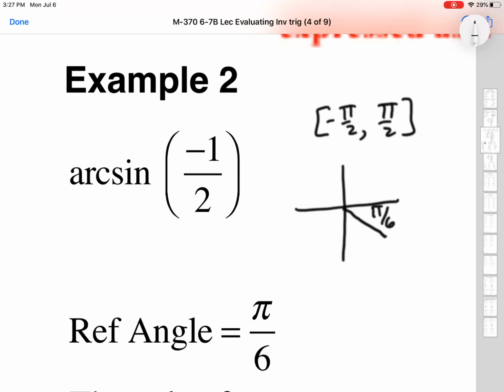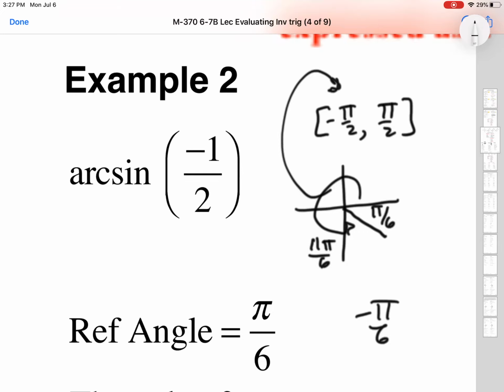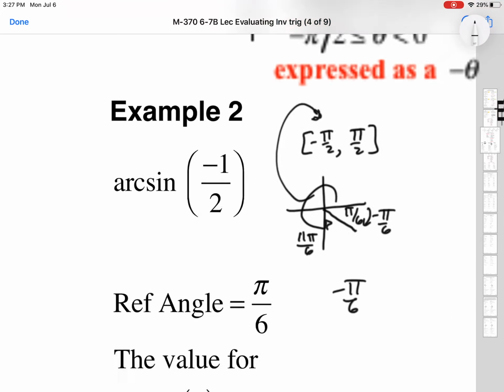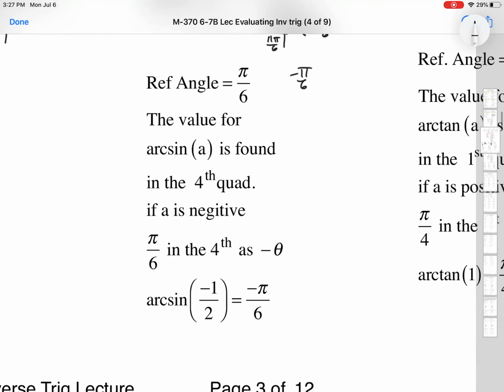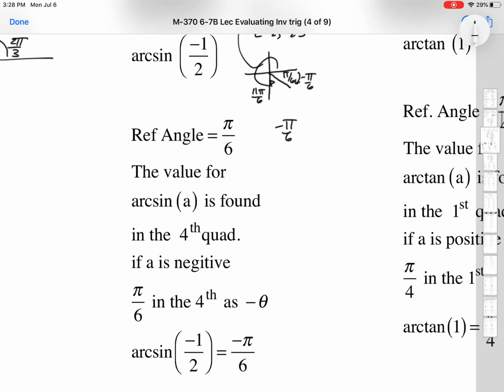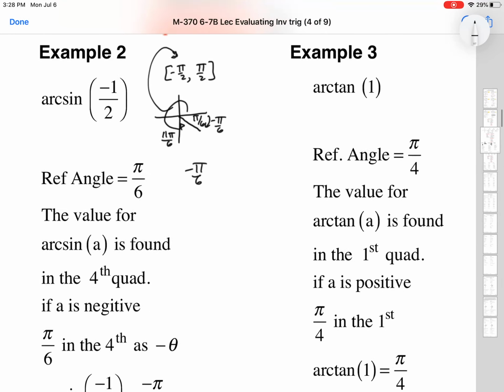We cannot represent it as 11 pi over 6, even though that's a true representation of that angle. It must fall in between here. So we're going to represent that angle in a negative manner as negative pi over 6. We're going to just say it's negative pi over 6 and be done with it. That keeps that 0 in there, and that's exactly what he has written there.